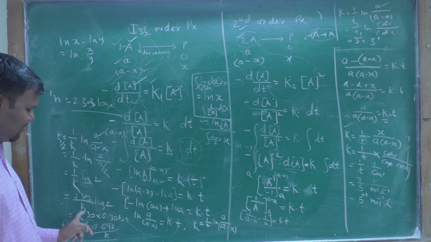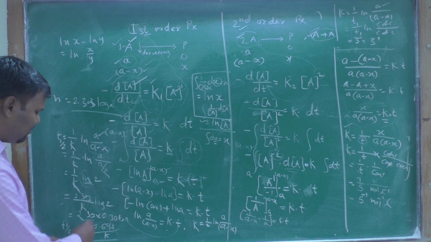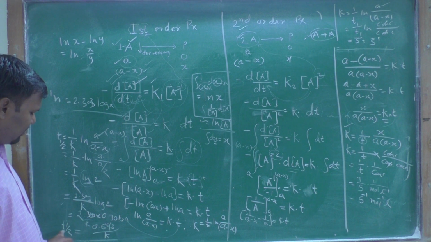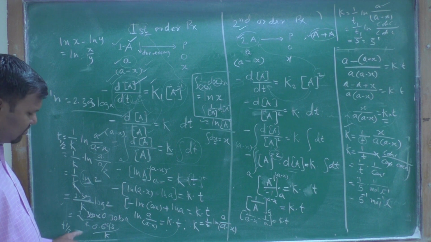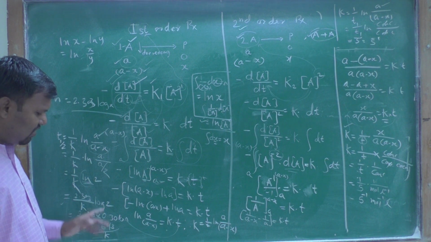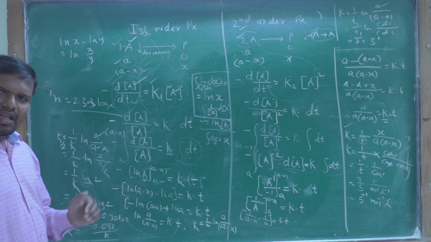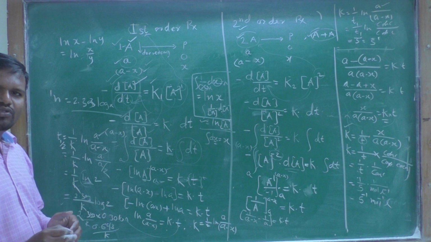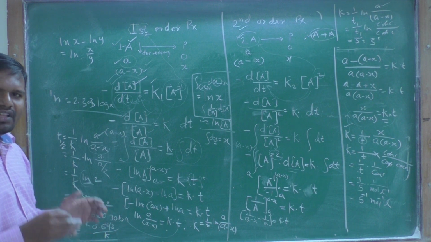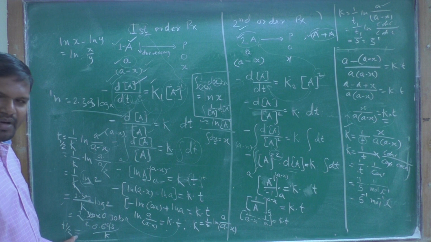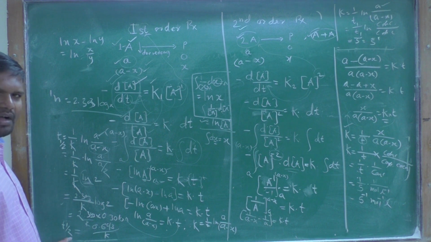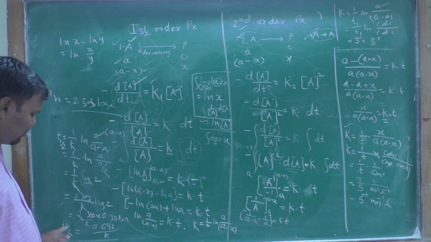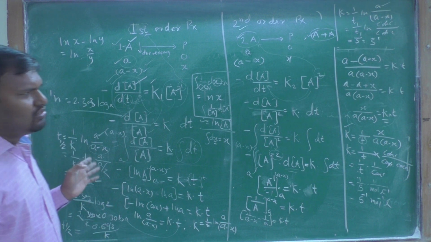Therefore by multiplying this 2.303 into 0.3010, t1 half for the first order reaction is equal to 0.693 upon k. Therefore when the reaction is started, at a particular time your concentration should be half. That timing we can calculate by using this equation, t1 half is equal to 0.693 upon k, that is the half life period of this equation.